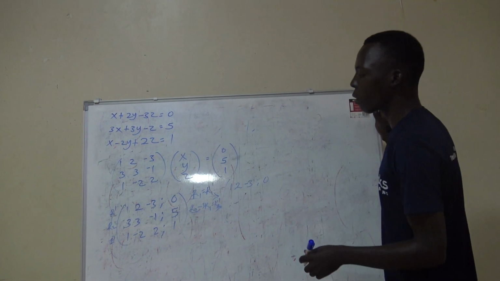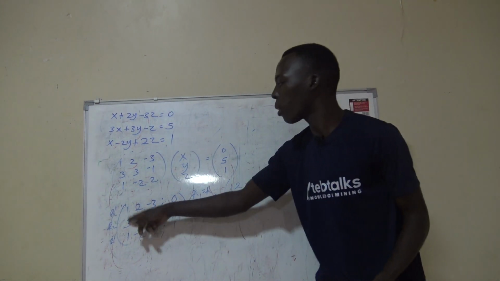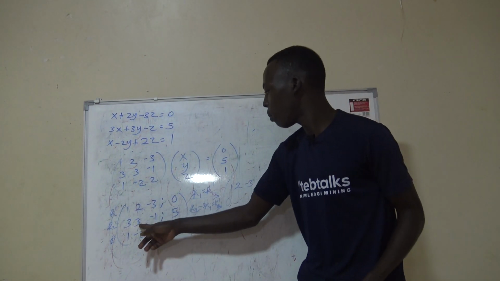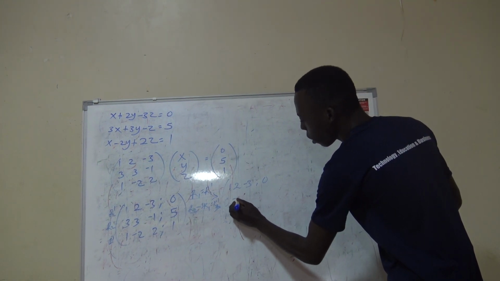So for that case, it will be 0 when we subtract this one minus this 0. So 3 minus 6 becomes negative 3.